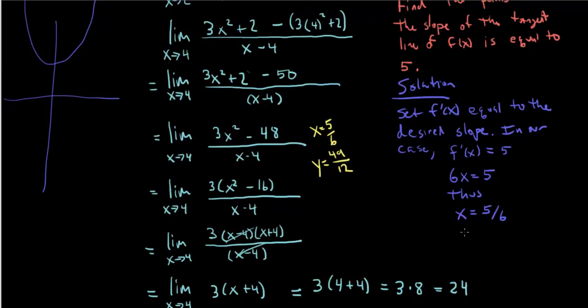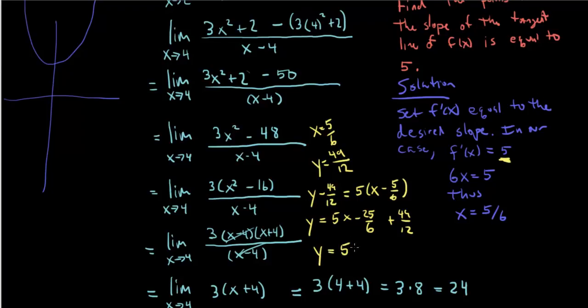Now, if we want to write the equation with slope equal to 5, so m equal to 5, it's going to be y minus 49 over 12 equals m, which is 5, times x minus 5 over 6. So y equals 5x minus 25 over 6 plus 49 over 12.